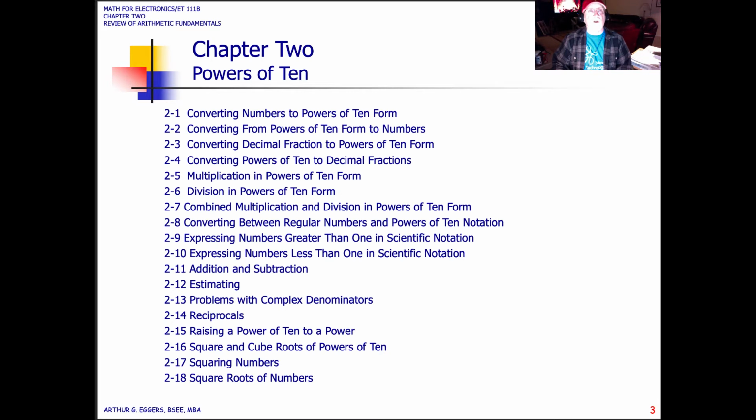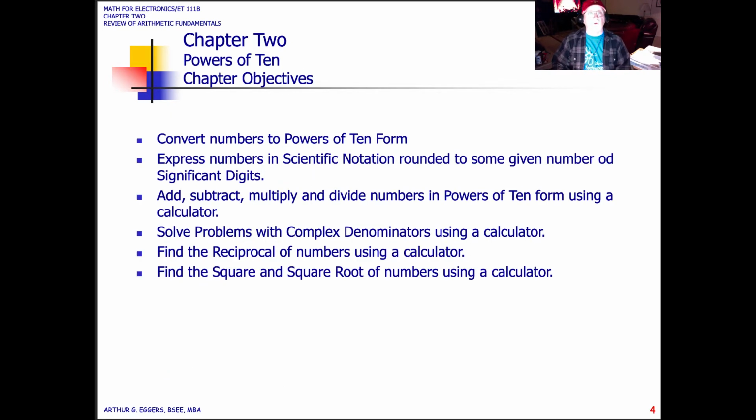So you can see there are quite a few sections in Chapter 2 that cover everything from conversion of numbers to powers of 10 form, handling the operations, addition, subtraction, multiplication, division, looking at that term reciprocals that we mentioned in the last chapter, and then squares and square roots.